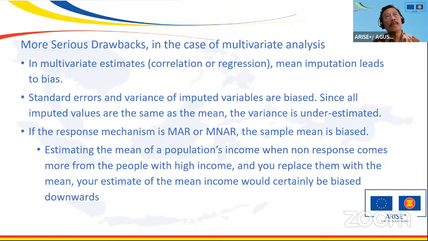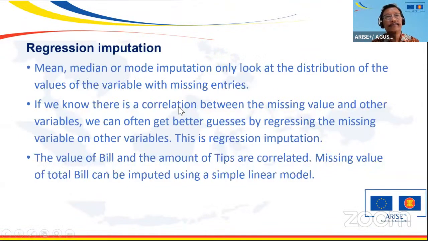Because when the data is fluctuating, and then 10% or 20% will be missing, and you replace them with the mean, you can imagine the standard error would be decreasing because there are so many values having the same value, right? No variety.